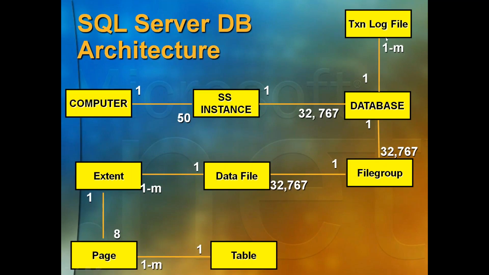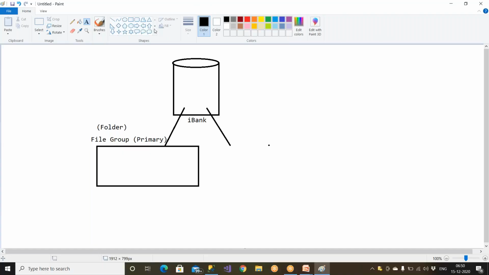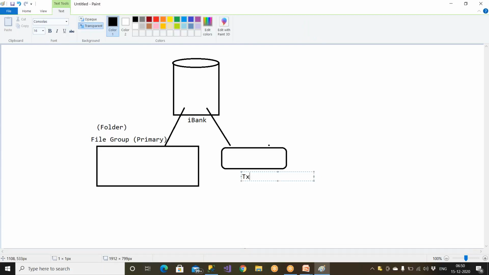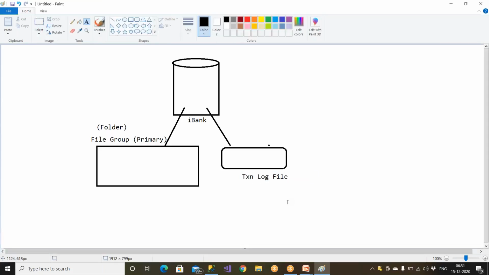And you are going to get one transaction log file. So you are getting one more file, which is a log file. Let me say this is what is called a transaction log file. Clear? A file means there is a path, right?